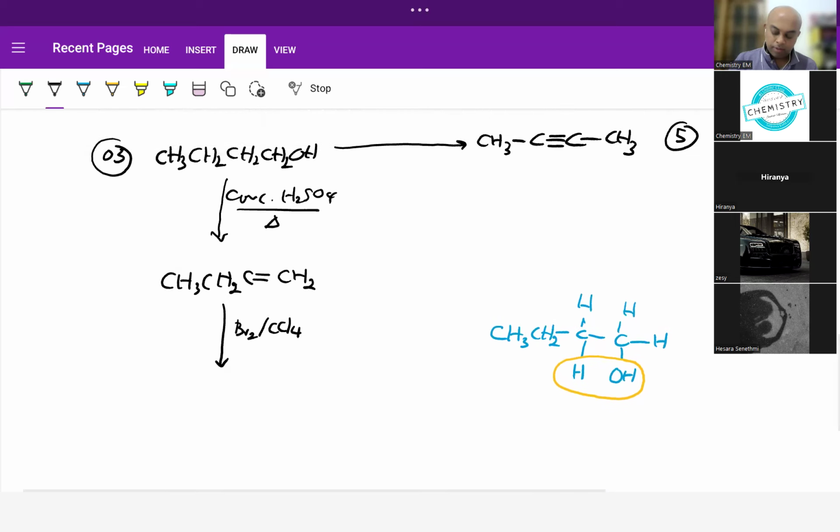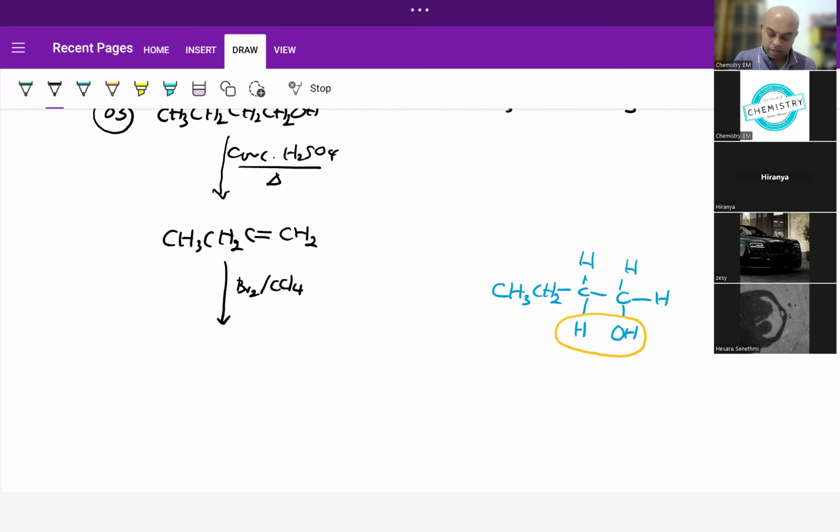So we will have the end result here, CH3 CH2. Here this is not C actually, this is CH because one hydrogen atom is remaining here. CH CH2 and Br will be added here.